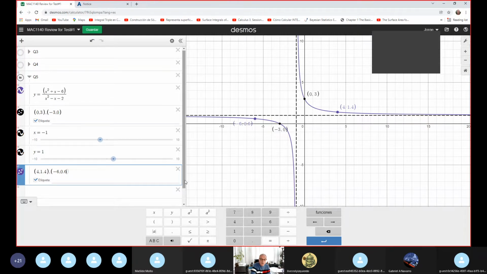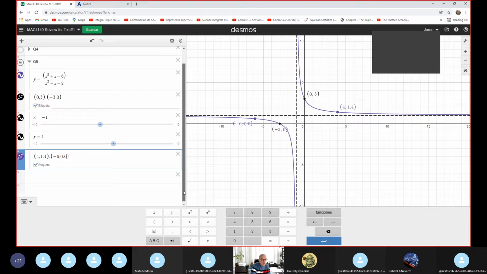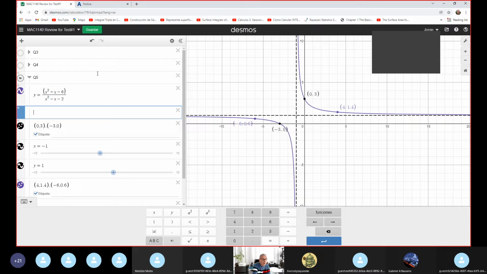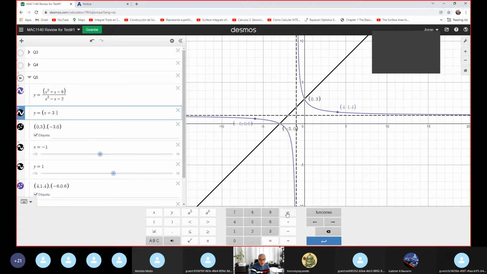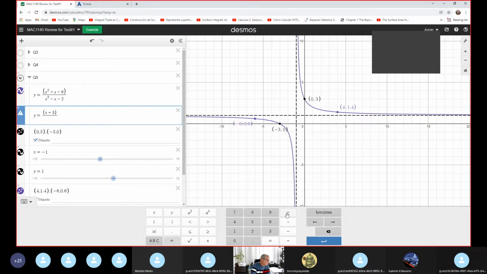One more thing I want to emphasize in this example. Do you see that this is equivalent? Y equal x plus 3, in parentheses, divided by x plus 1.